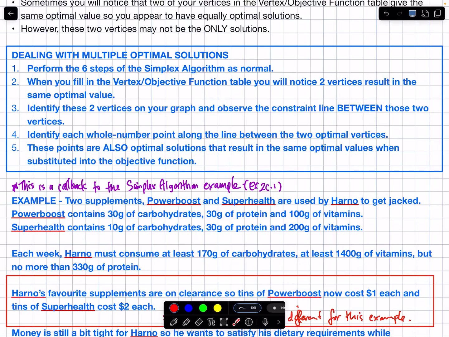So step 1 is you do the simplex algorithm as normal. No difference to what you've done before. Step 2, you're going to do that table, but it's going to be weird because you're going to have 2 results that you put a star next to. So I'll get you to get those 2 steps down.